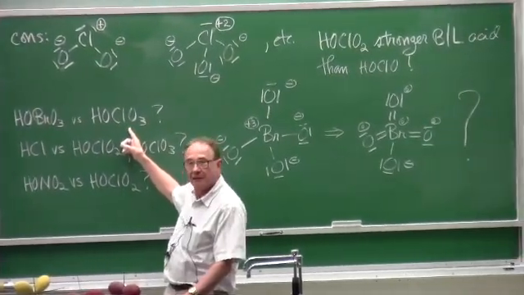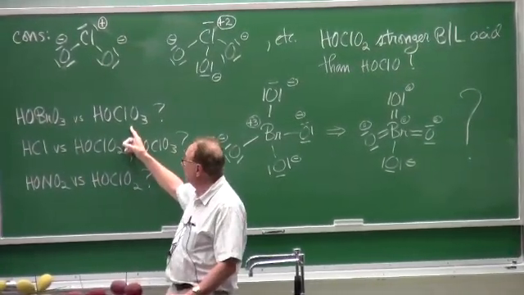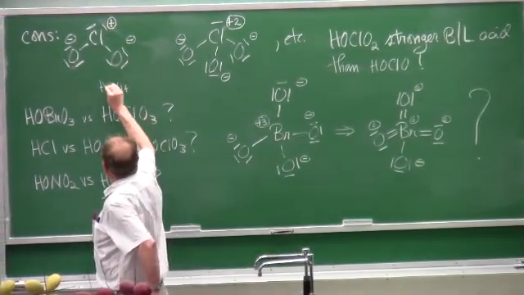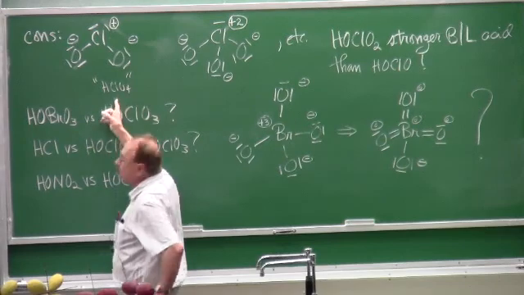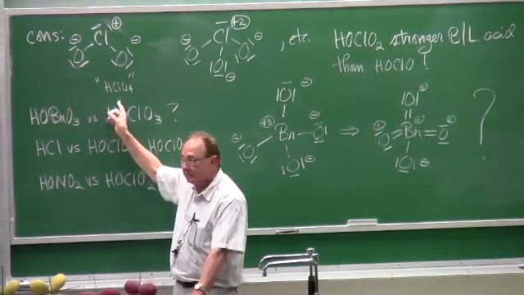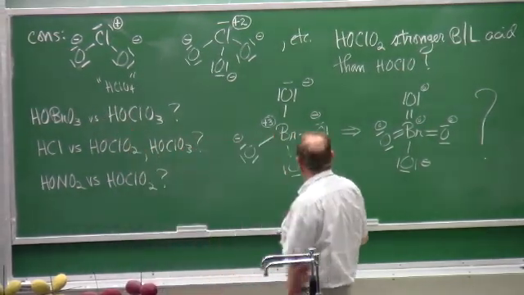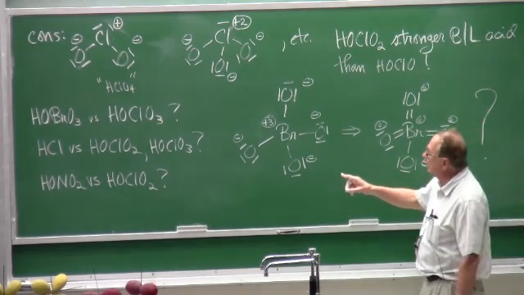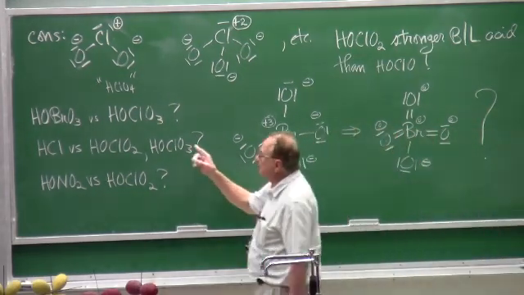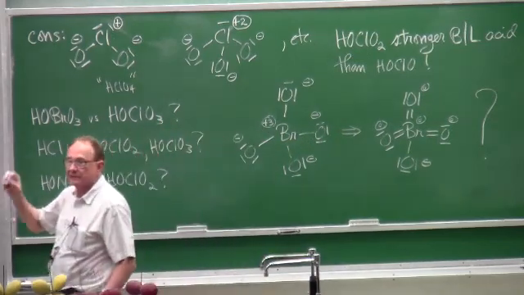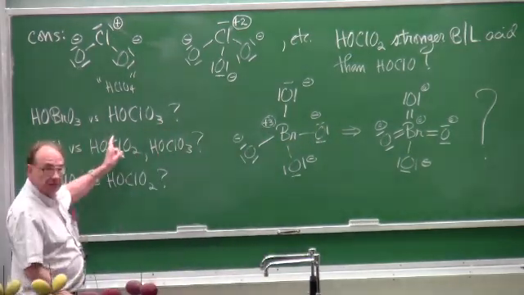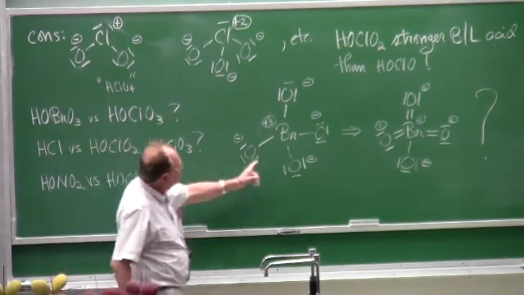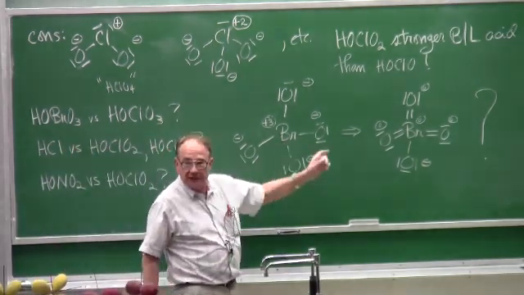I don't write the formula in textbook fashion as HClO4 because that belies the structure. Notice the number of similarities between the conjugate bases of these acids. Of course, if you want the Lewis structures for the conjugate base of perchloric acid, just take what I have here and erase bromine, write in chlorine.